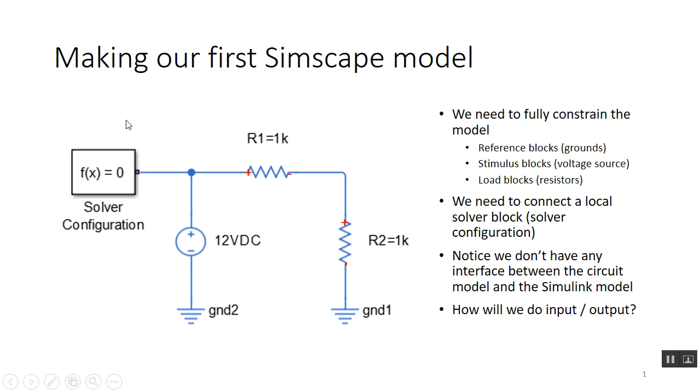One thing that's kind of different than the other, like Stateflow or vanilla Simulink, is that you have to attach a solver configuration block to all the networks. And at first it seems like, man, another thing to do, because you have to attach grounds, and you really have to form a circuit. You can't leave ends just hanging.